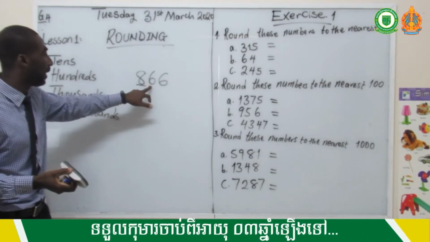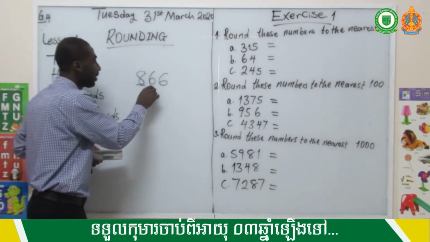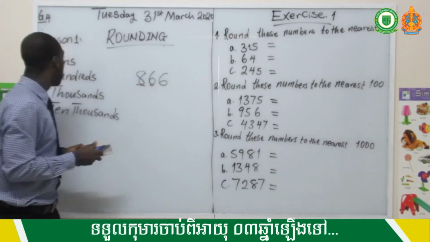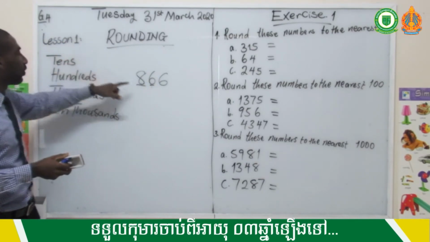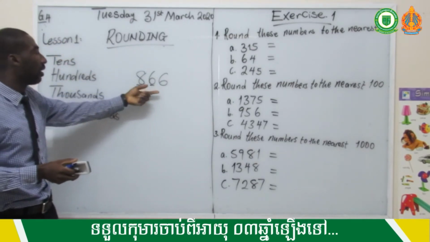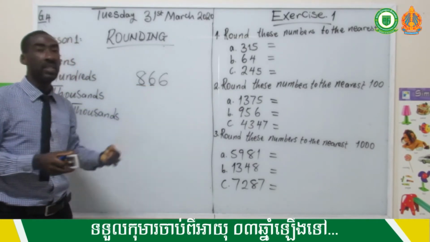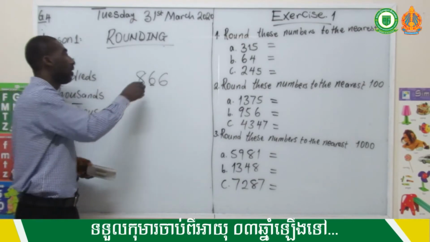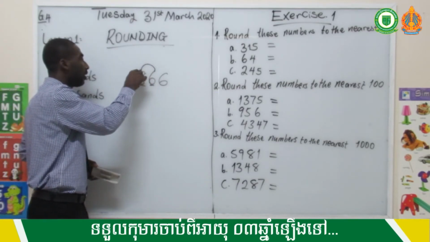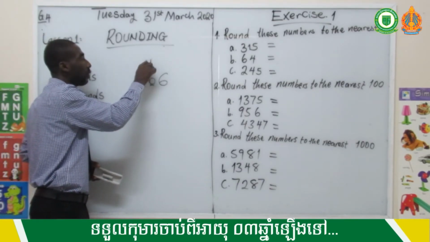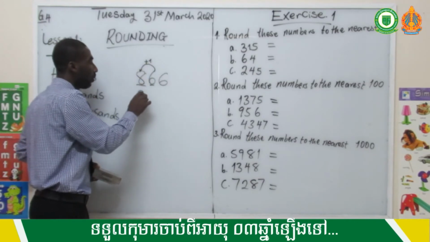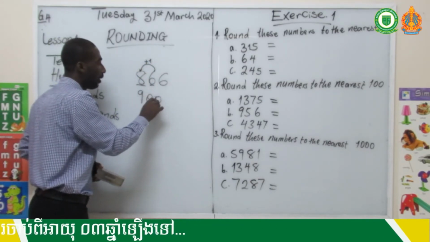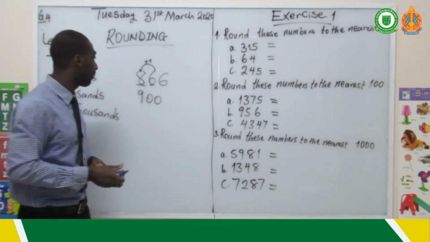The next door number here is 6. 6 falls within the 10th position of this number. 6 is more than 5, so it gives 1 point to your 8. So plus 1 point, and the nearest becomes 900.